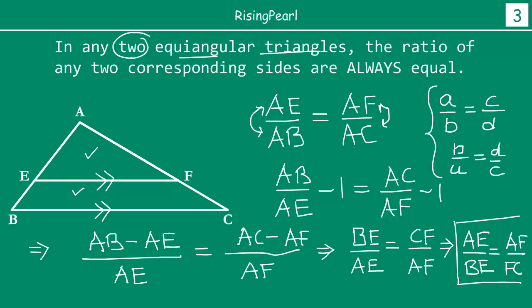So I hope, friends, you're able to see why in a lot of the textbooks they consider both of the theorems to be one and the same. In a lot of textbooks, this theorem, that if you have a line which is parallel to one side of a triangle, it divides the other two sides in the same ratio, is referred to as the basic proportionality theorem.